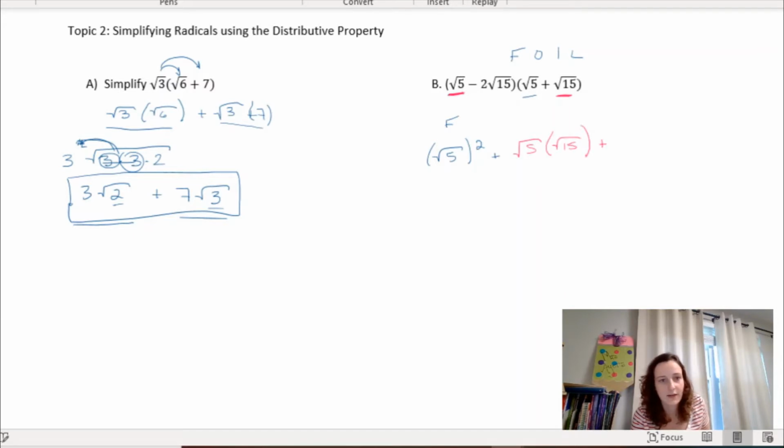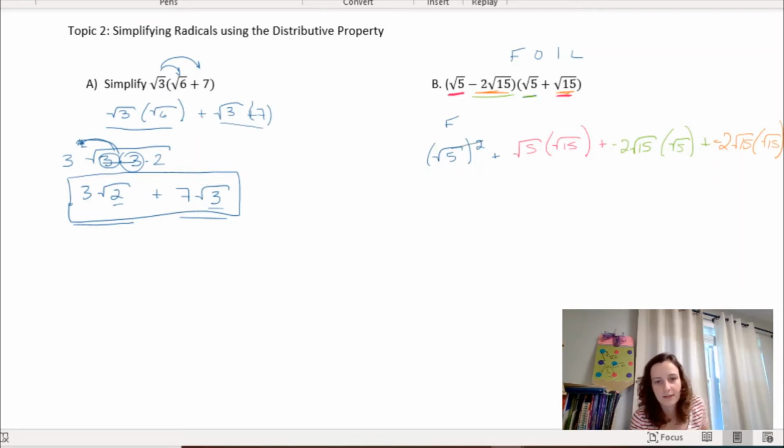Plus my inner values, which would be negative 2 square roots of 5 times square root of 5. And lastly, your last values, negative 2 square roots of 15 times the square root of 15.